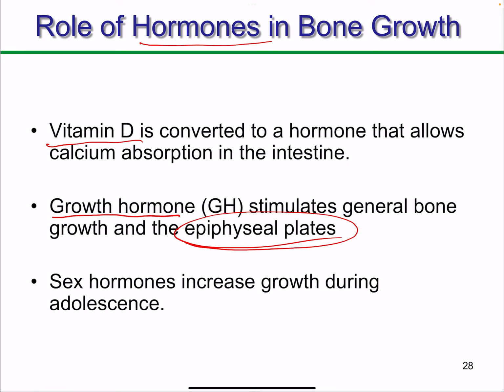But in addition to the growth hormone, you are also going to have the sex hormones, including testosterone, right? That is going to cause the growth of people at a certain stage of life, right? We have a huge amount of testosterone that is released.